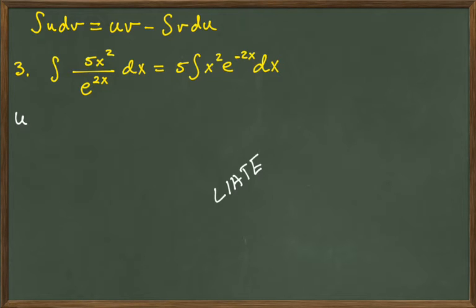So first it should be a logarithm if there is any, then inverse trig, then algebraic expressions, trigonometric functions, and an exponential. So here we do have an algebraic, we have the x squared. So for our integration by parts, we're going to let u equal x squared. And our dv will be the rest of the integrand, which will be e to the negative 2x dx.